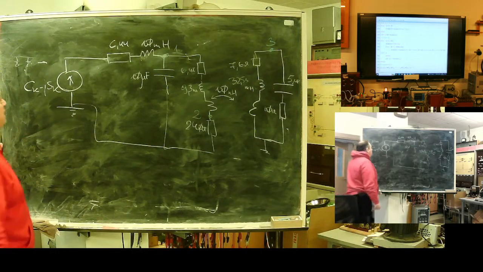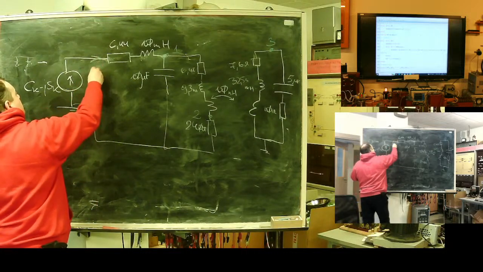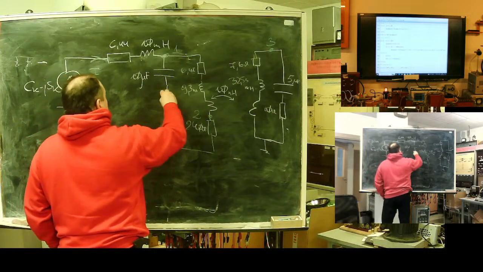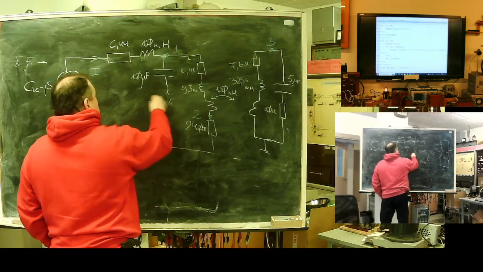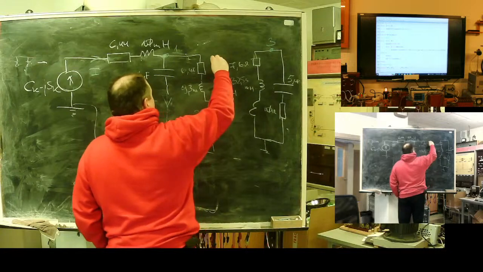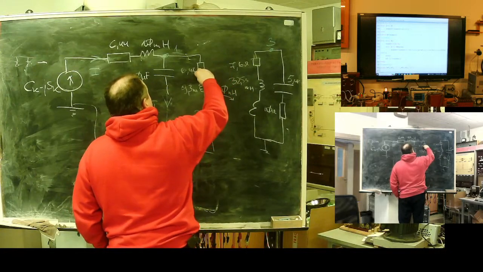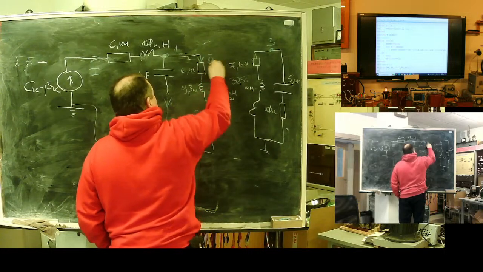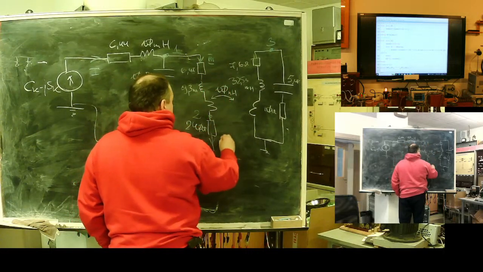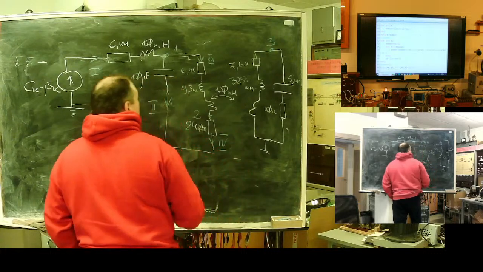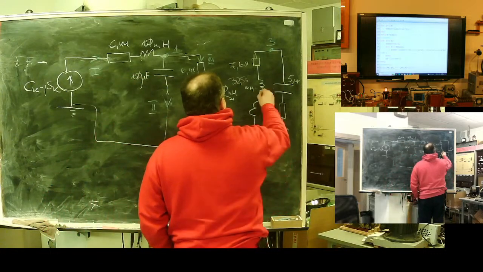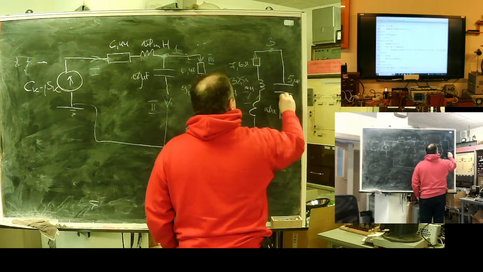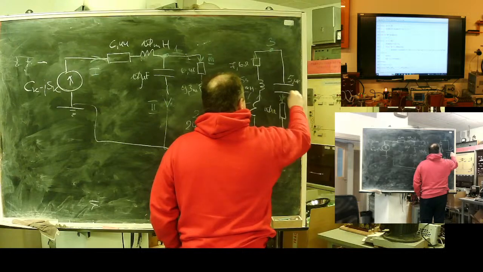Next, I need to number the branches. This will be branch 1. This will be branch 2. I think this one will be 3. This one will be 4. Let's say 5, and okay, maybe 6.